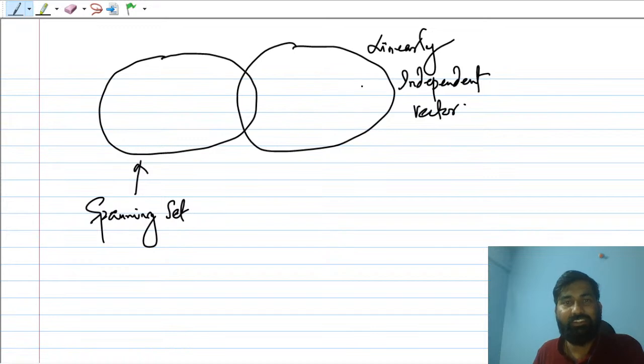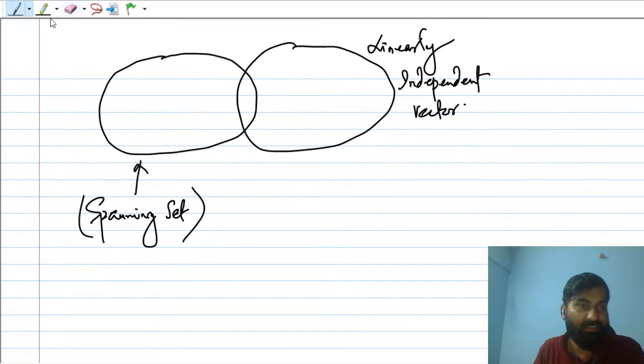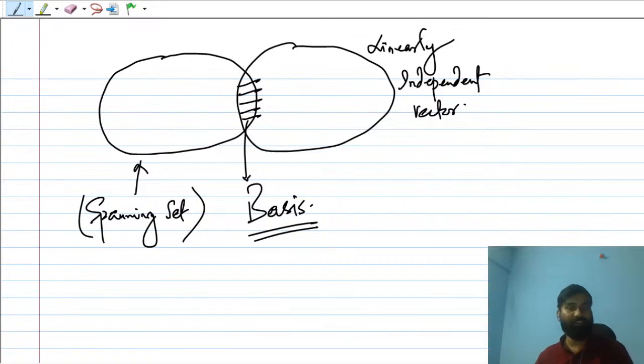Here LI vectors are there, here spanning set vectors are there, those vectors which span the space. So what will be the basis then? The basis will be this. The basis is nothing but not only linearly independent vectors, it should also be the spanning set; the intersection of linearly independent vectors as well as the spanning set.